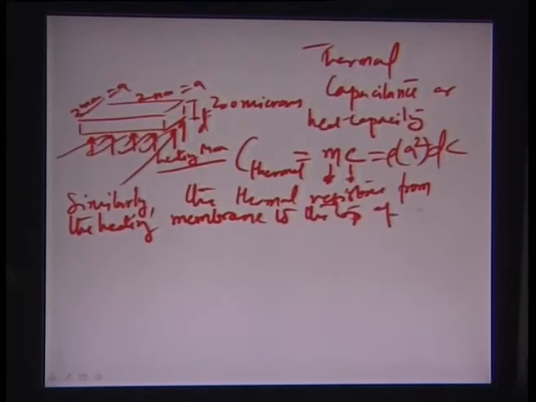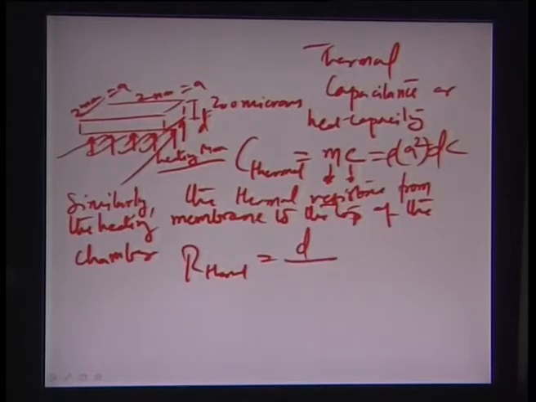Let's call it R thermal. In this case it would be X by KA, where X is D here. If you remember the electrical analogy that we drew a slide back, the area of cross section is A squared, so we have D divided by A squared K.